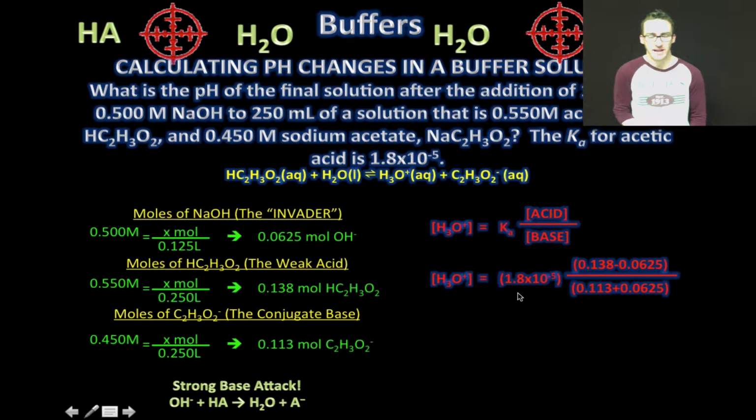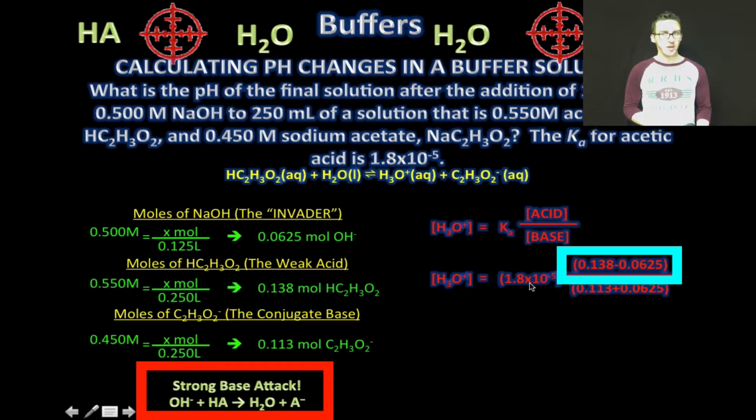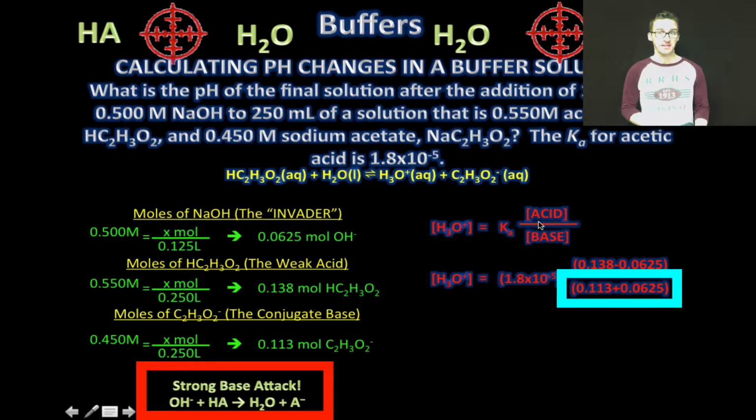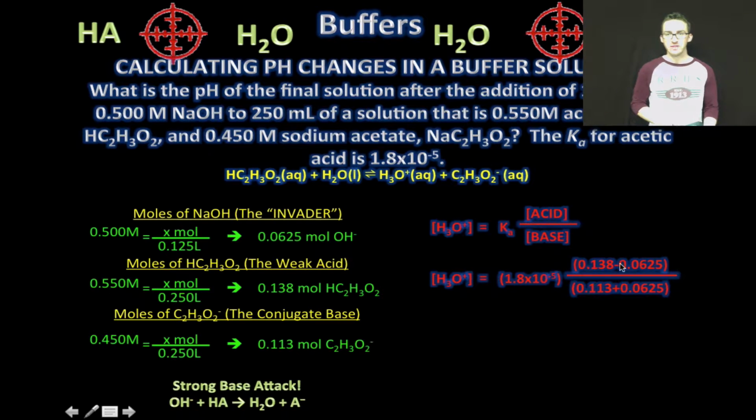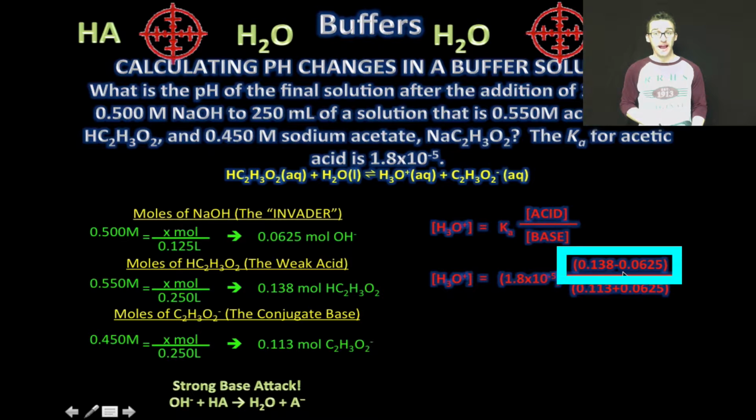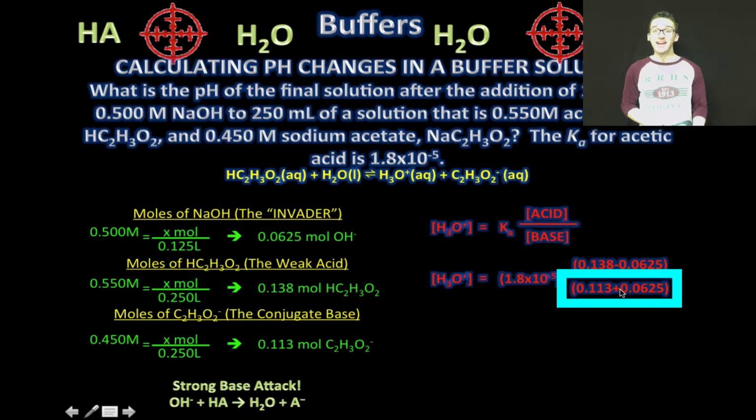And recognize then, if we plug in the Ka for acetic acid that we're given in the problem, that some of our weak acid sacrificed itself, but in the process made additional conjugate base. So notice here that we have subtracted the amount of strong base that was added from the weak acid and added it to the amount of conjugate base that we originally had in our buffer system.